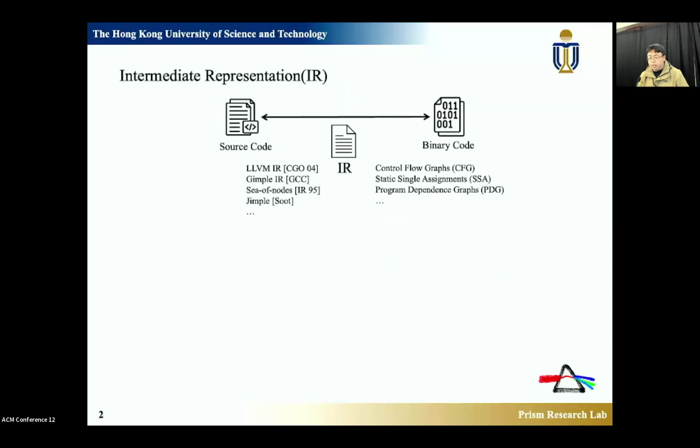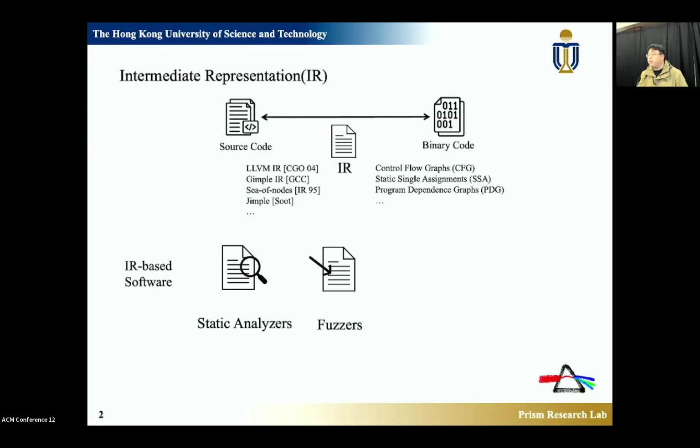During the past decades, industry and academia have designed different IR codes, such as LLVM, JIMPLE, and CFG code, and there are many different theories behind them, such as CFG, SSA, and PDG. Such IRs have become fundamental materials for program analysis, and different program analysis tools can be regarded as some kind of IR-based software, such as static analyzers, fuzzers, and symbolic executors.